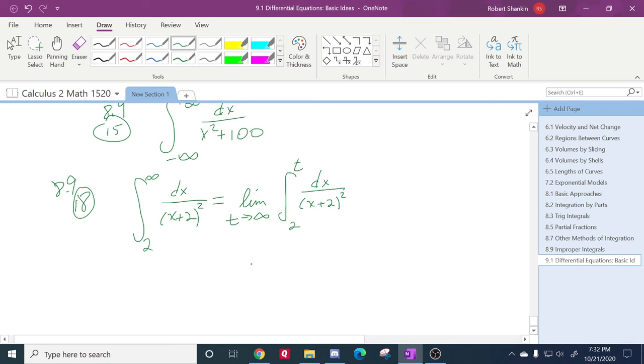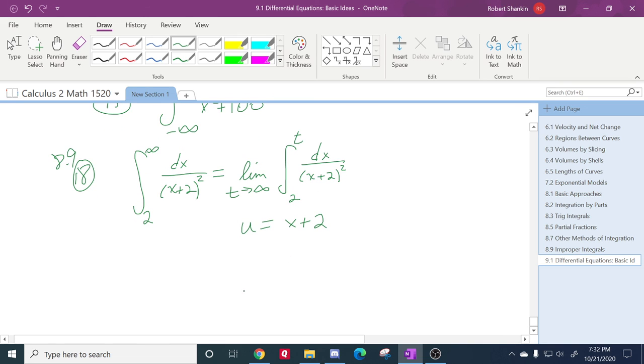Okay, and then I'm going to let u equal x plus 2. And then once I do that, this becomes equal to the limit as t approaches infinity.